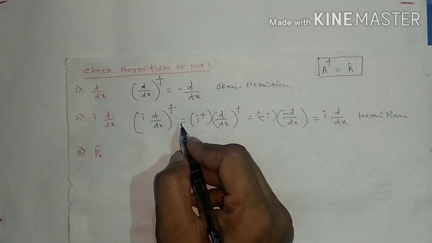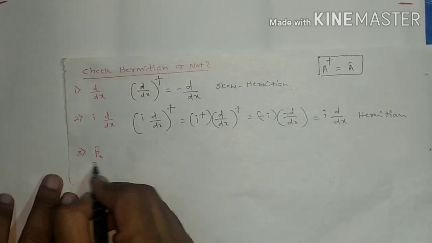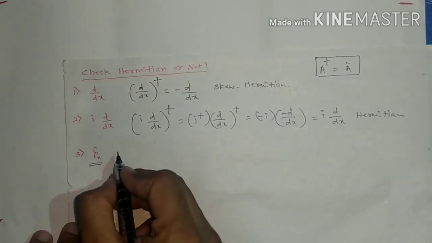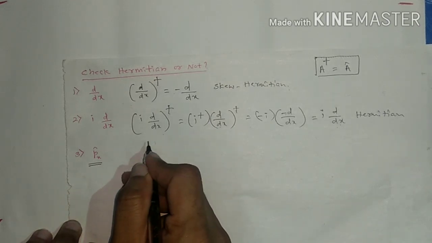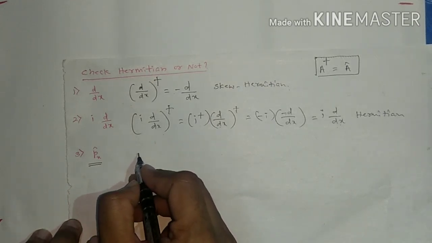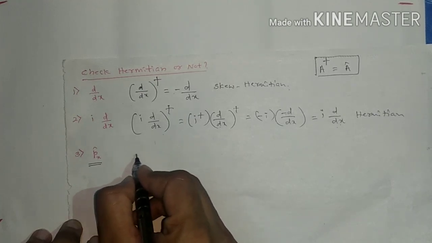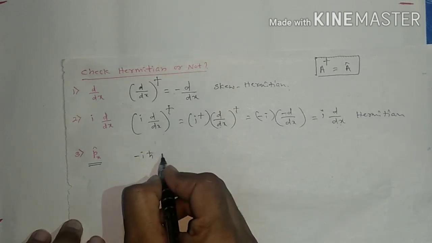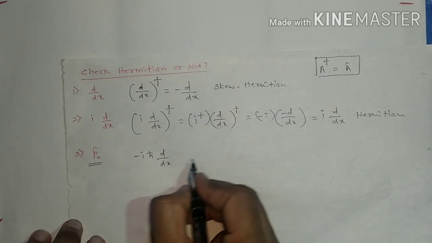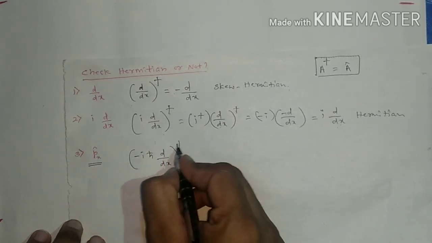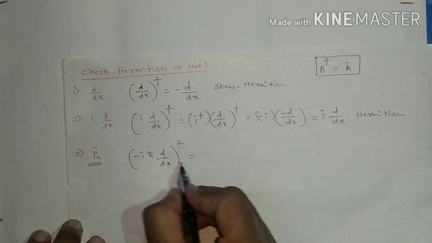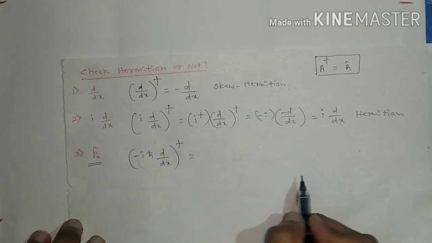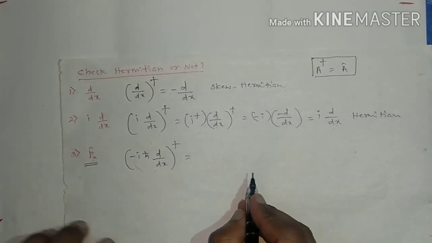Now let us see whether the x component of momentum, px, is Hermitian or not. We take the operator px, that is minus i h cross d dx, and we take the dagger of this one. If at the end we get back the same thing, then px will be a Hermitian operator.